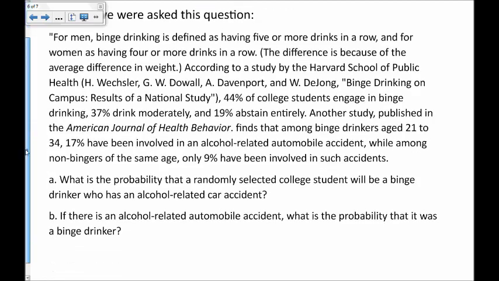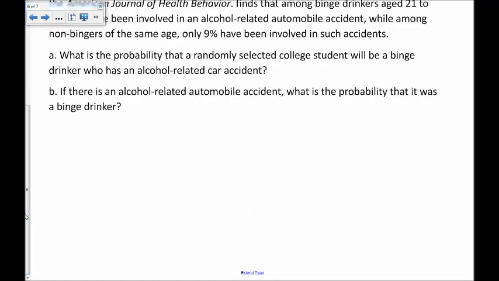So that becomes my tree diagram. Okay, so starting off here, I'll move this down a little bit so I have some more space later. Okay, so these are my binge drinkers. These are moderate, and these are ones like me who abstain.